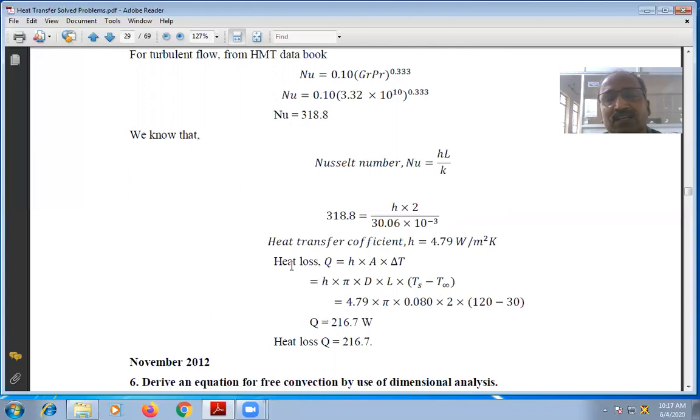Many equations are there, but the most useful, frequently used equations are available. One thing I am stressing again and again: the heat transfer data book should be your Bible, and it will fetch you 30 to 40 marks if you use it efficiently. Thank you.